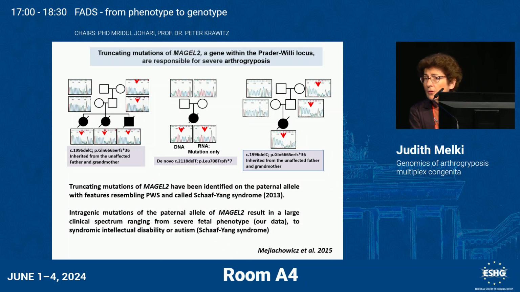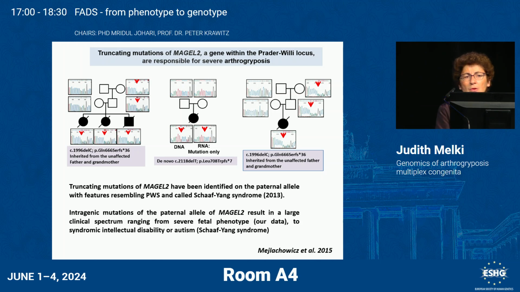Another gene is MAGEL2. MAGEL2 is localized in chromosome 15q in the locus of Prader-Willi syndrome. And we observed in 3 unrelated families truncating mutation of this gene on the paternal allele with a feature resembling Prader-Willi syndrome. And this is quite interesting.